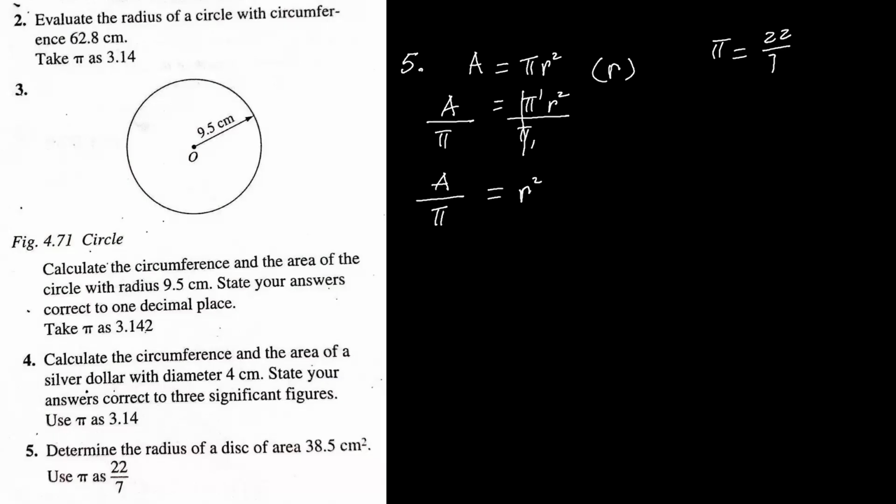We have r squared equal to A over pi. So Ezekiel, what should I do? Can you repeat it, please? What should I do?